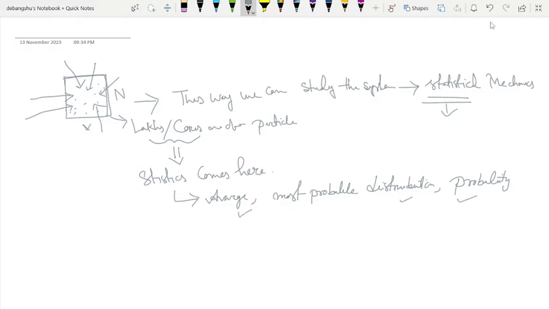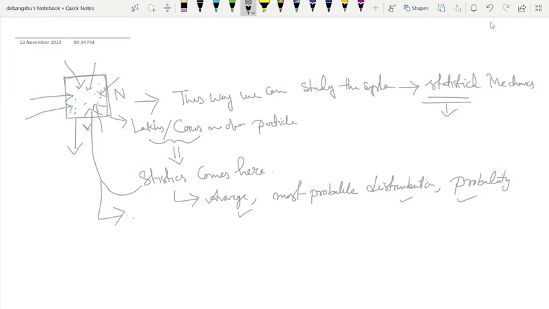So that's why statistics came here, and this is the real job of statistics in the study of the system. This is the overview of what statistical mechanics actually is. We study all the particles, take some average from there, and using the average we get some relations between macrostate and microstate.